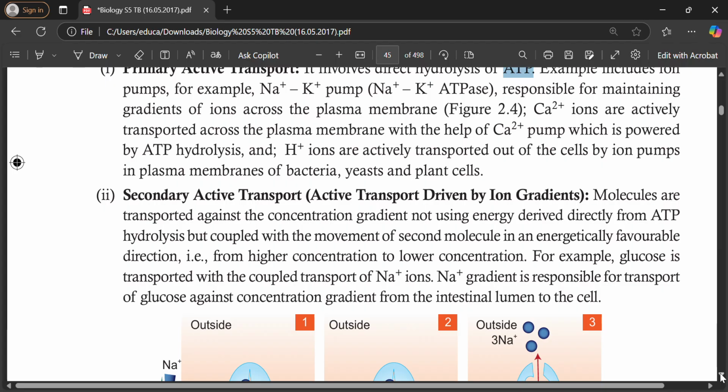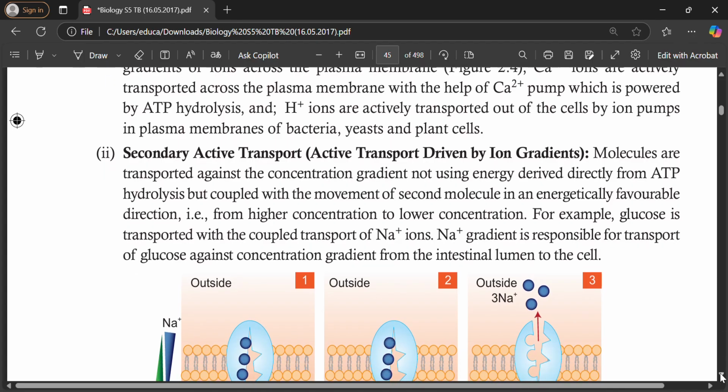Then dufite secondary active transport. Active transport driven by ion gradients. Molecules are transported against the concentration gradient, not using energy derived directly from ATP hydrolysis, but coupled with the movement of second molecule in energetically favored direction.